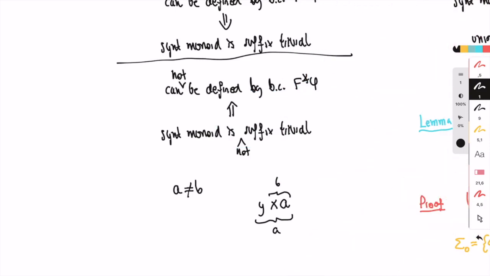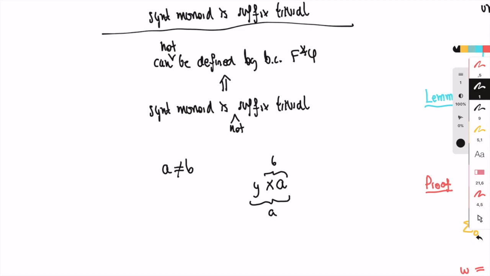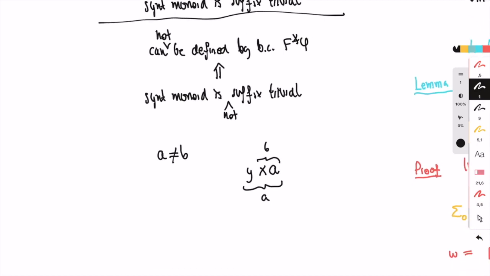Okay. If the syntactic monoid has this property, then that means that if I think of y, x, a, and b as words, then these words can be distinguished in some context.